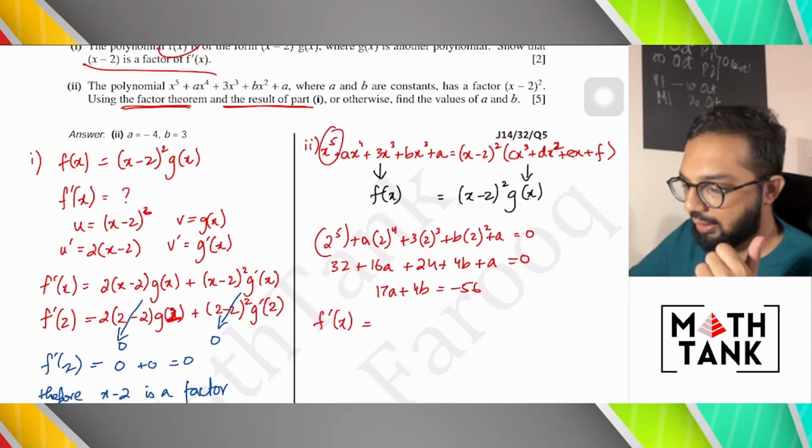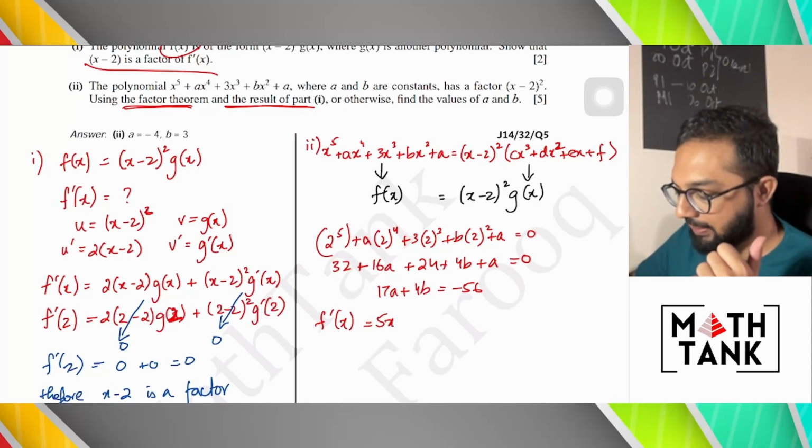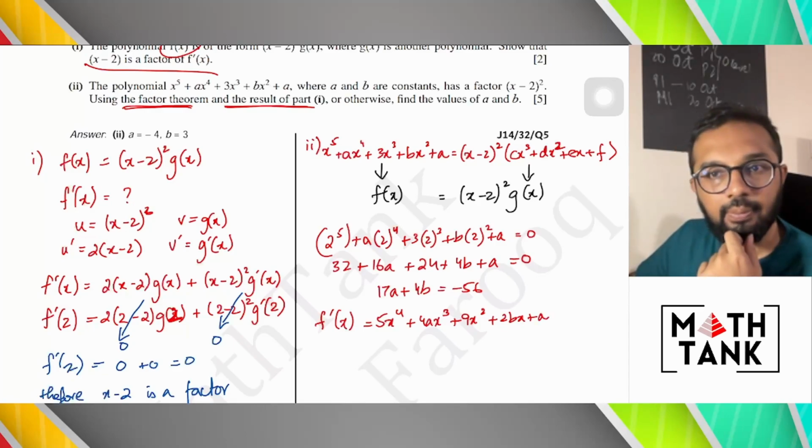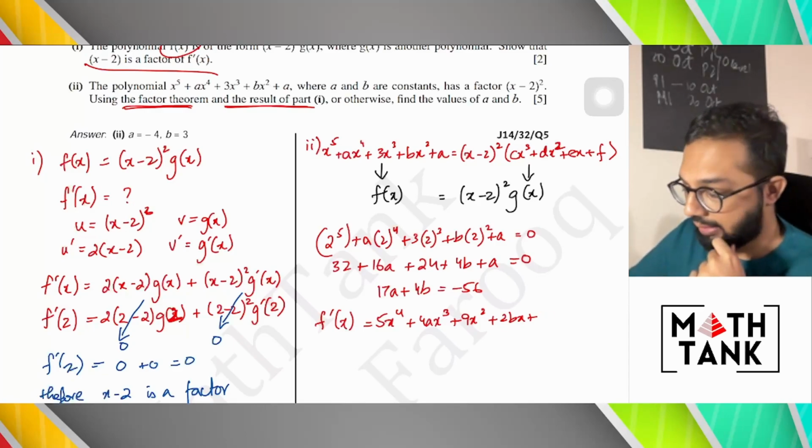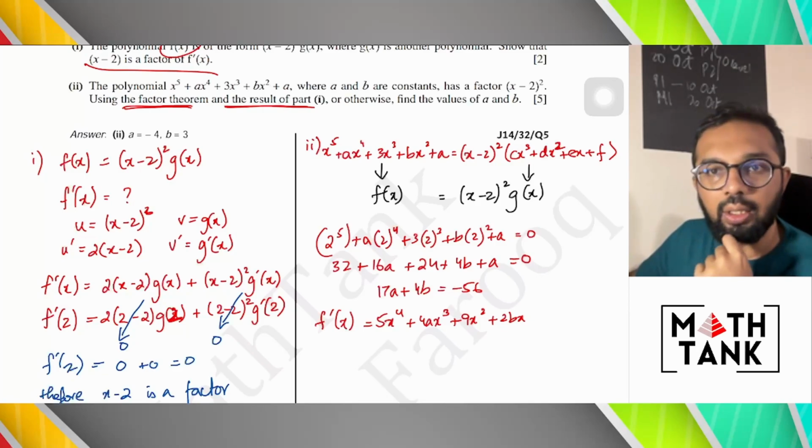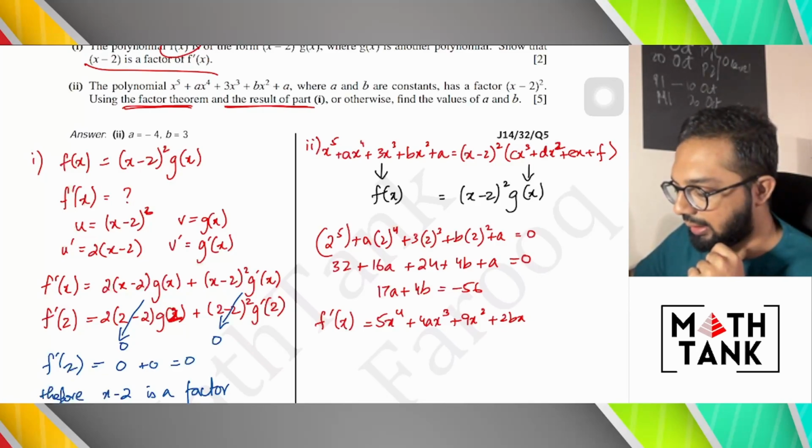So I'm going to differentiate each of these. I'm going to say 5x power 4, 4ax cubed, 9x squared, 2bx plus a. Oh, sorry, a is going to get differentiated. Okay, so can I say again that when I plug in 2, I should get 0? Why?